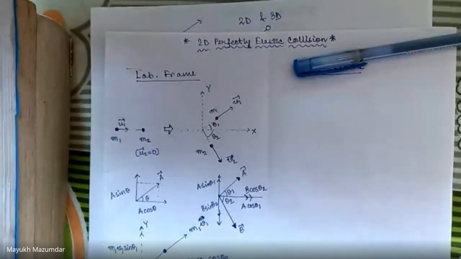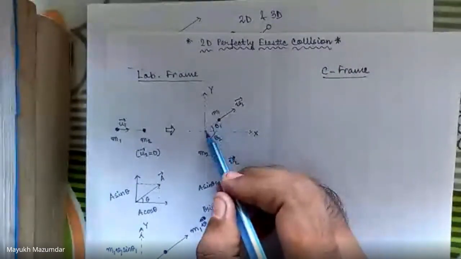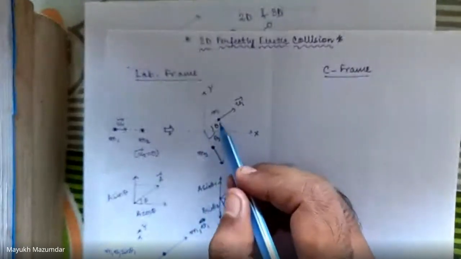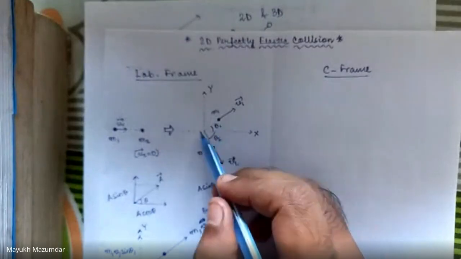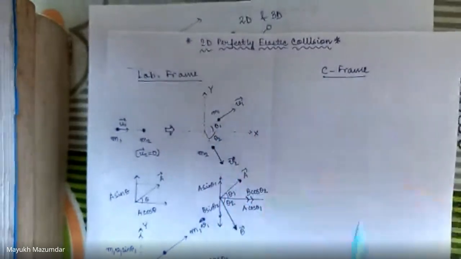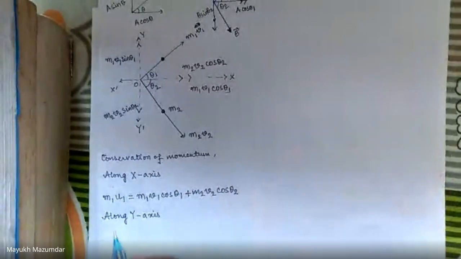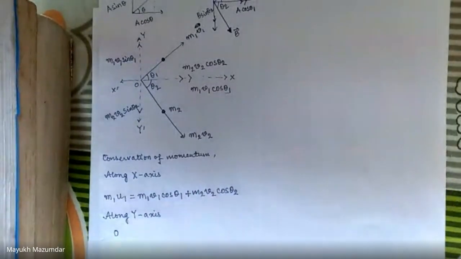So what should be the momentum before collision along the y-axis? It should be 0. How to check momentum? Whether the body has a tendency to move along the direction I am asking about. Likewise, see here, at this point the body has a tendency to move this way as well as upwards. That is, both x and y momentum will be there. So you can see before collision there was no momentum along the y-axis.